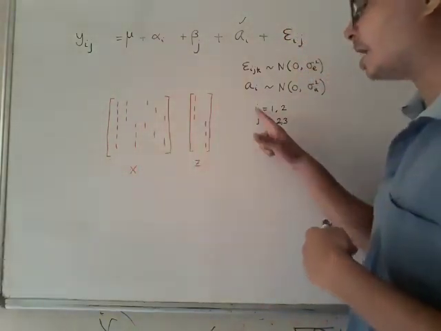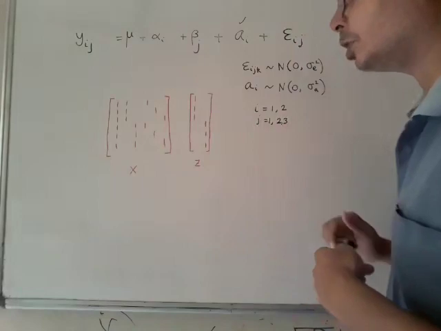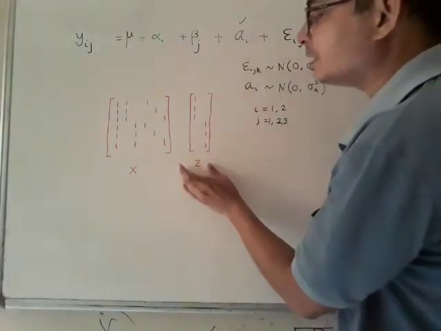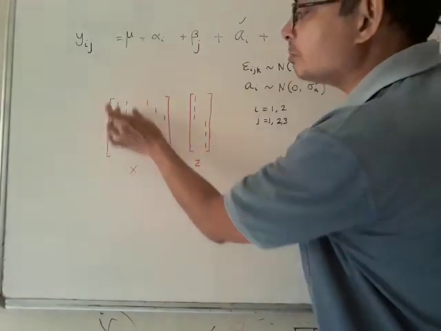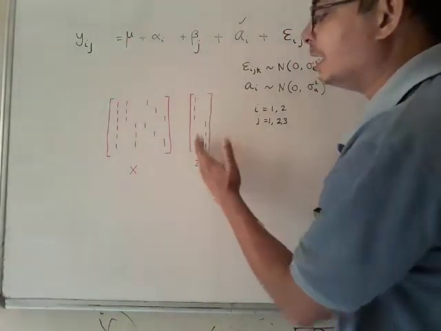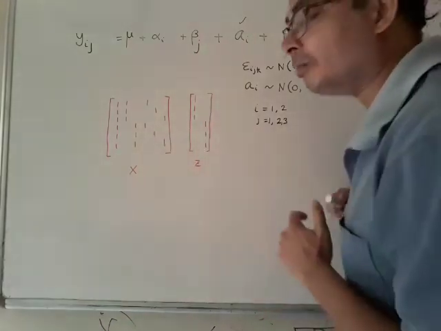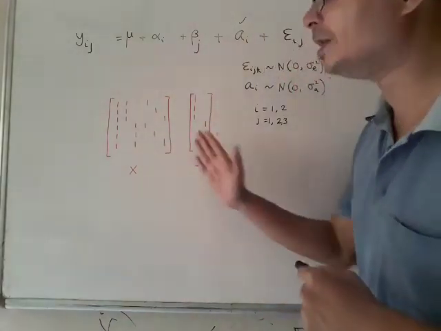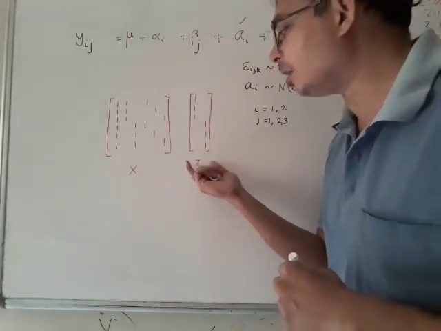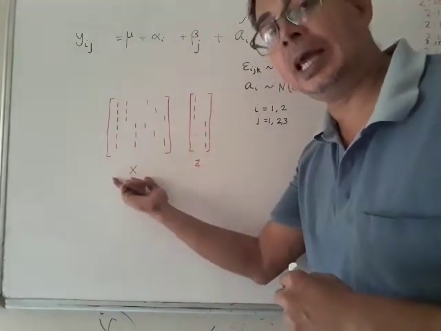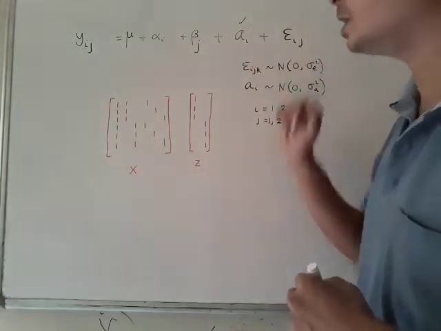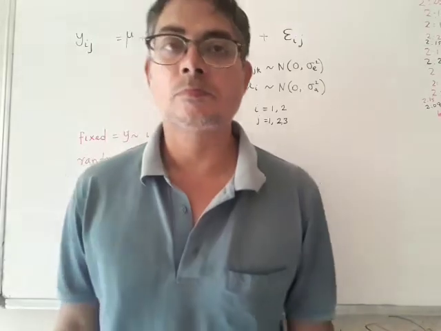So I am assuming i goes from 1 to 2 and j goes from 1 to 3. Then the Z, which is just a i, is nothing but the two columns of X devoted to the alpha i's. So Z is actually a submatrix of X. This is actually a very common situation where all the columns of Z also occur as columns in X whenever you need non-zero means of the random effects.